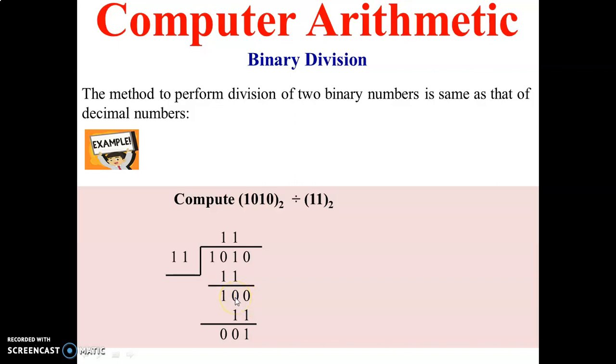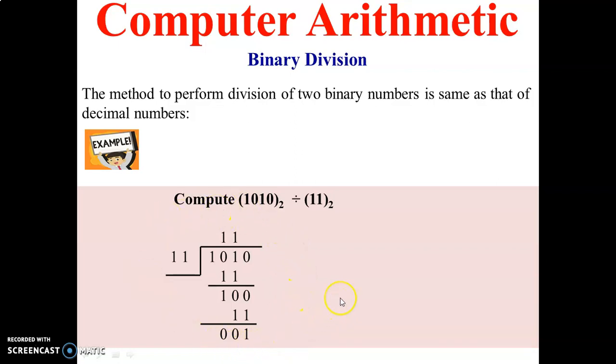So here we have two ones, so we are borrowing the number from here. Now here we have 10. 10 minus 1 is 1. Here 1 will be left, so 1 minus 1 will be 0, and here the 0 will be balanced. So this is the answer, this is the remainder.